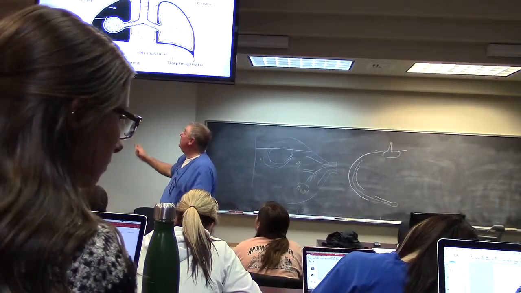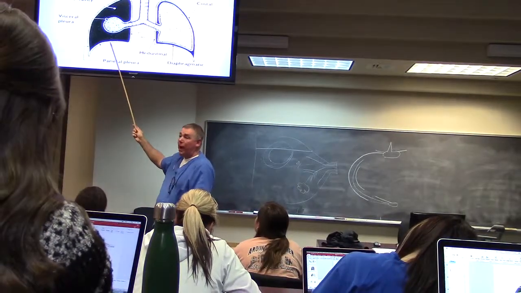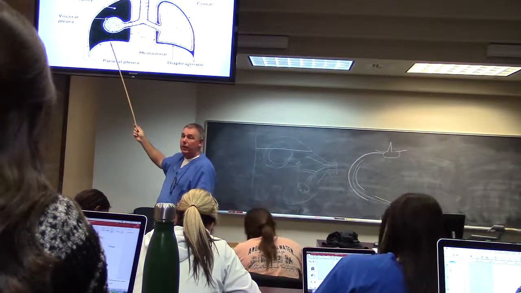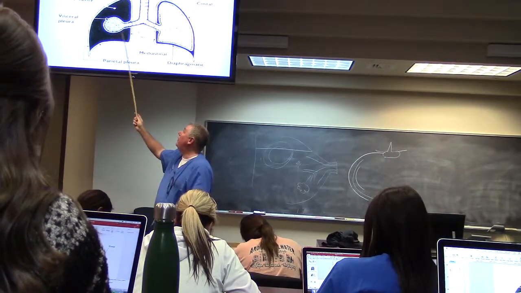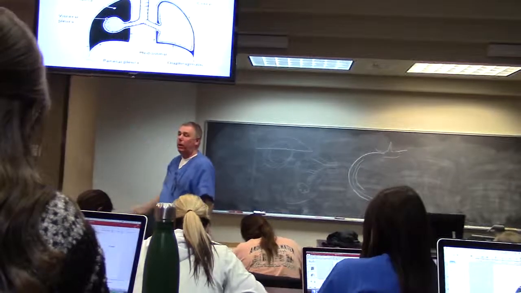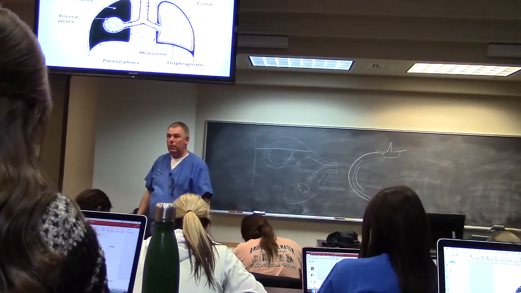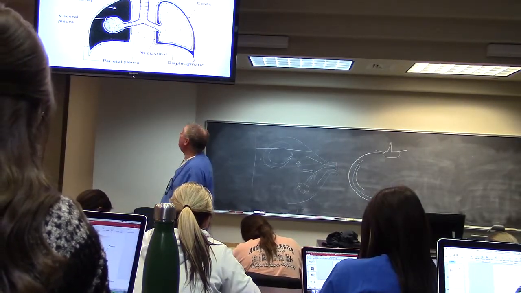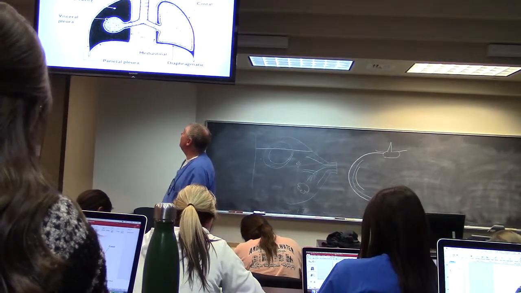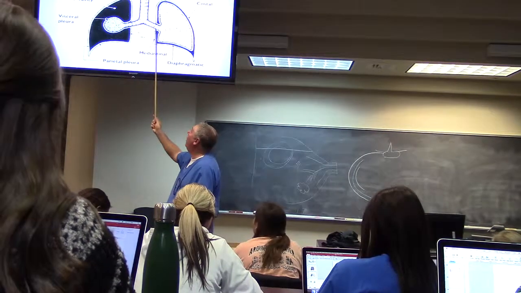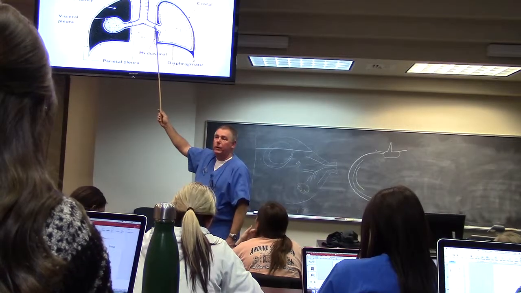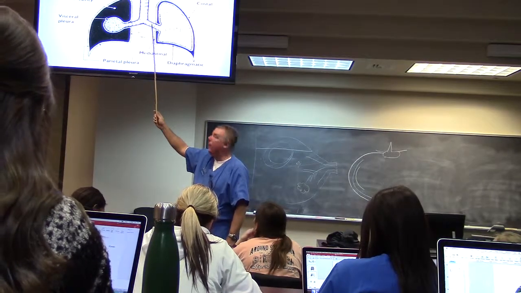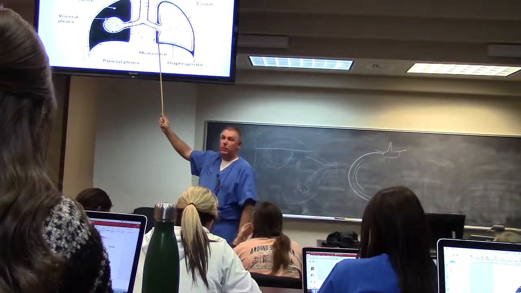Going back to the membranes, you've got the parietal pleura that is adherent to the cavity, and the pleura that's on the lung is called the visceral pleura. The place where the lung grew into the pleura is called the hilum of the lung, or the root.